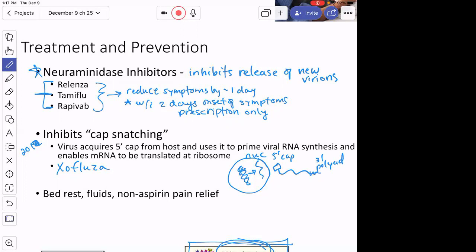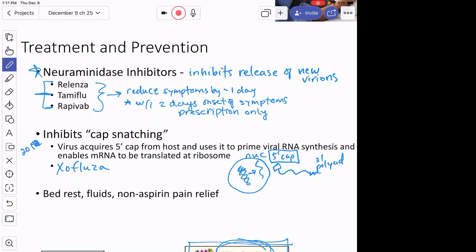Okay, so we talked about that. That happens in eukaryotes only. That's because that messenger RNA transcript has to travel. It has to leave the nucleus and find the ribosome. That 5' cap is what matches up with the ribosome just right, so that translation into proteins can commence.